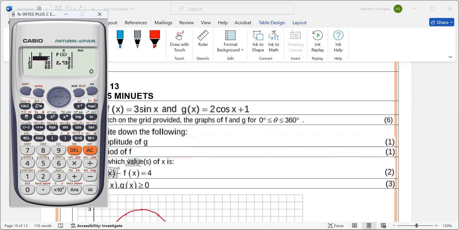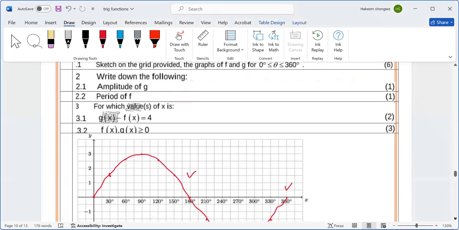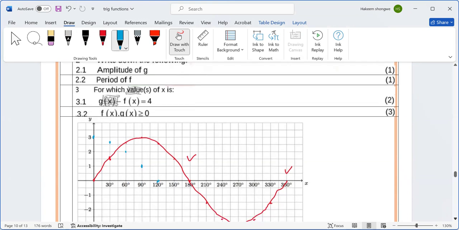Now, 0 goes with 3. 30 goes with? 60. 90. 120. 150. Negative 0,7.